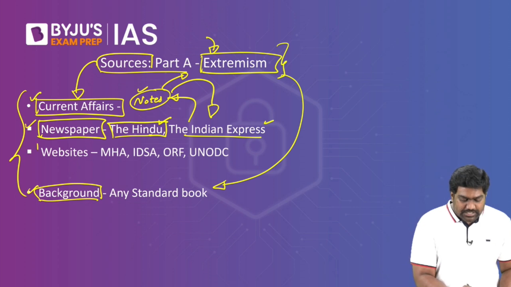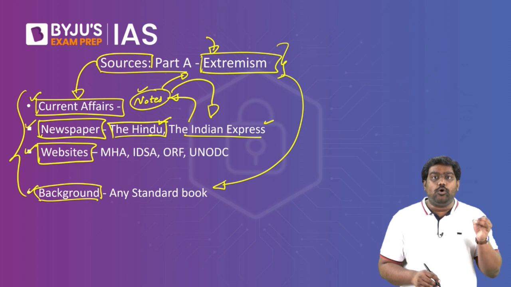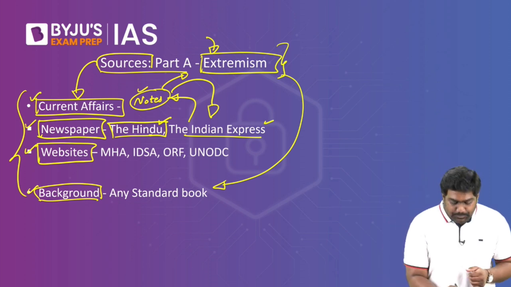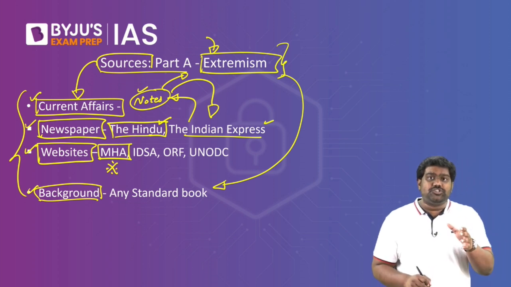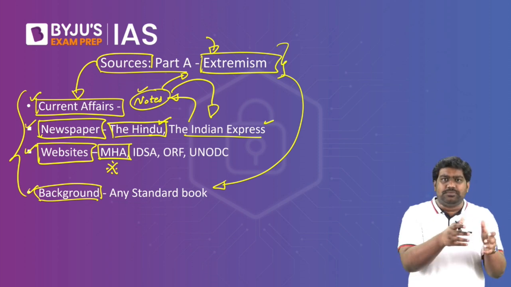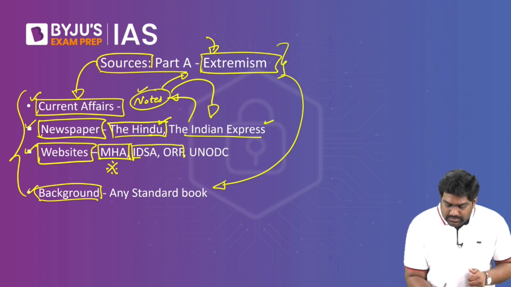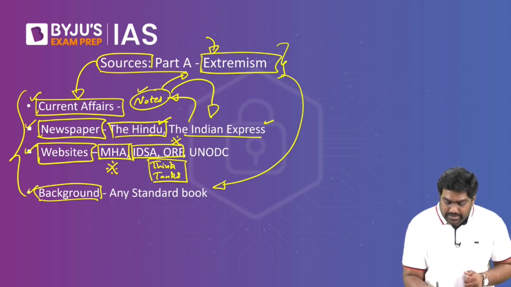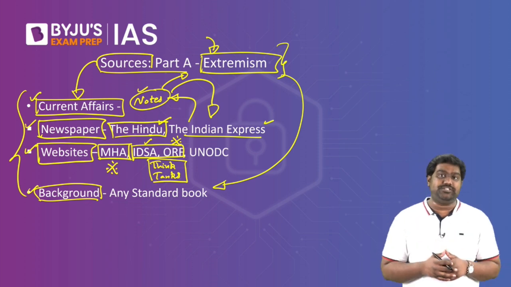Apart from newspapers, you have to rely on a few websites where you can get authentic official information. For example, visit the website of Ministry of Home Affairs. It will give you a picture about India's internal security situation with regard to Naxalism, cybersecurity threats, etc. Then you can also rely on the websites of popular think tanks like Observer Research Foundation or ORF, as well as IDSA or the Institute for Defense Studies and Analysis.